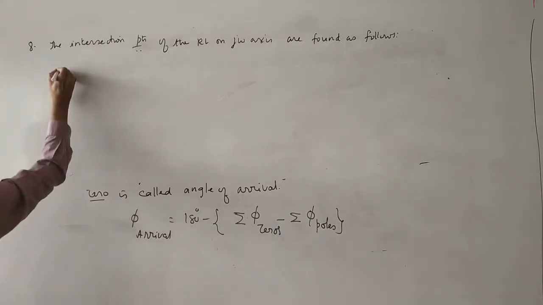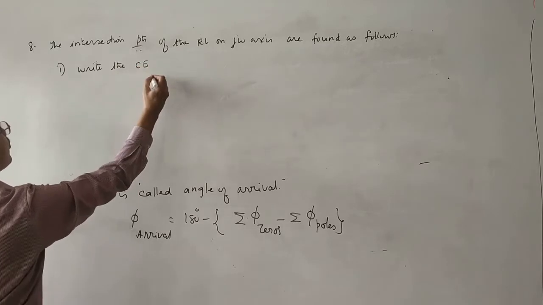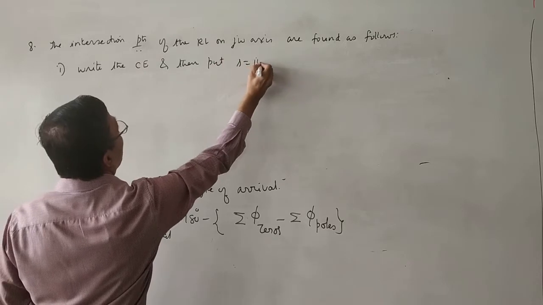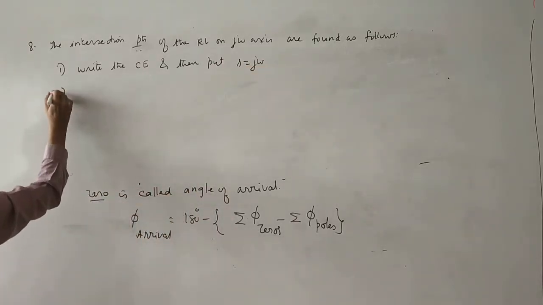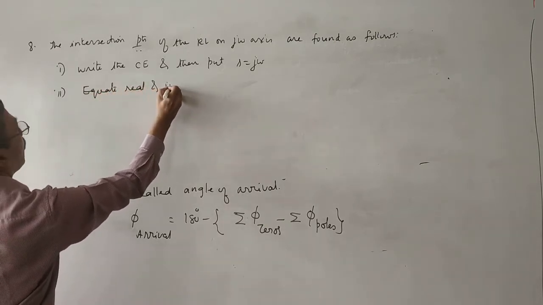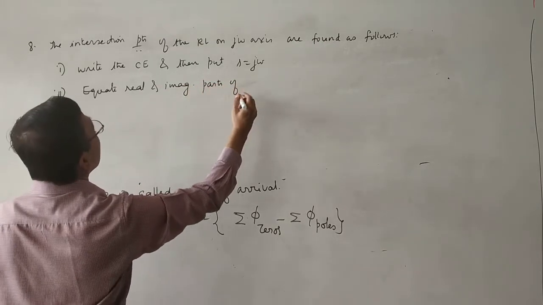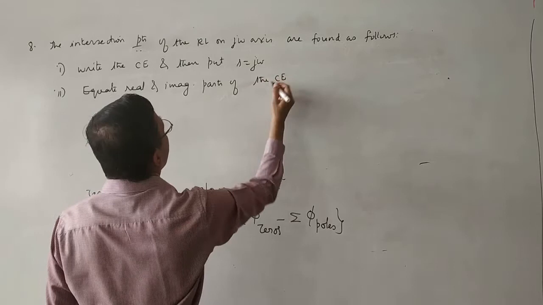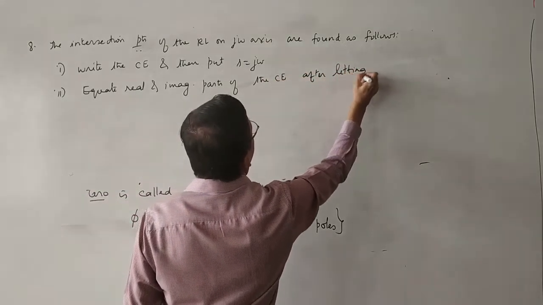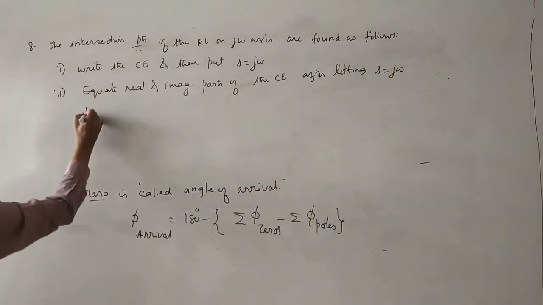First step, write the characteristic equation and then put s equal to j omega. Second step, equate real and imaginary parts of the characteristic equation after letting s equal to j omega to 0.